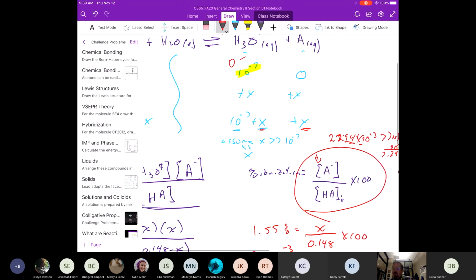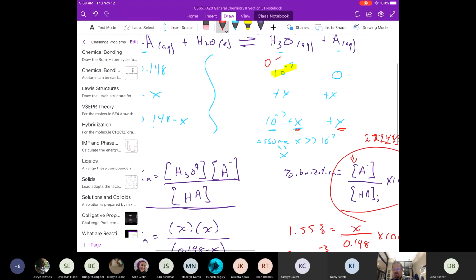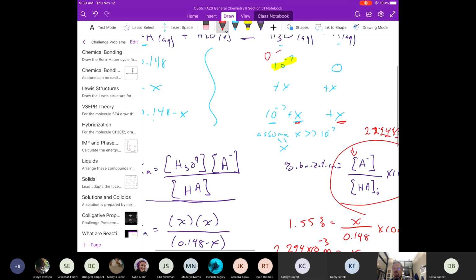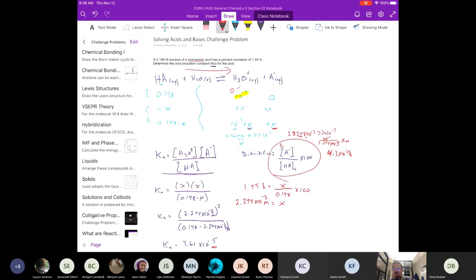But the other is to show you this assumption. If the K values are small, that means that the amount that's going to dissociate to make this x is also going to be small, because a K value that's much less than 1 means that it's heavily reactant favored.